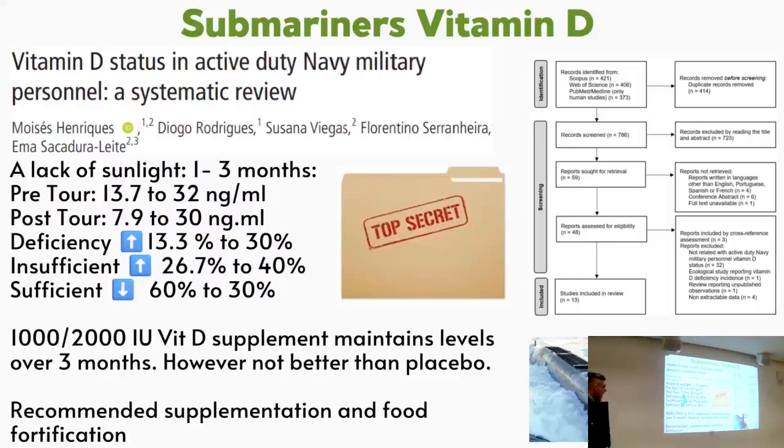However, there is a recommendation that we should perhaps supplement these submariners and fortify their foods. Various interesting things are part of this study as well, depending on the overall latitude the submariners are at. Seasonal variations are also factored in, and you can go and look at the studies in your own time.